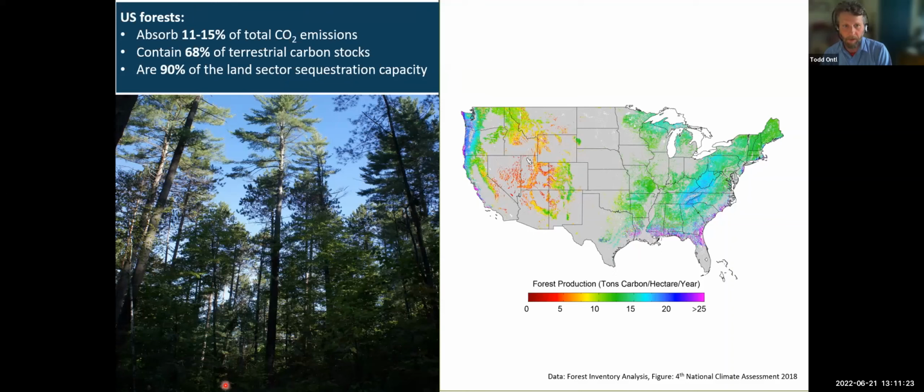It really shows up in the Pacific Northwest, in the Gulf Coast, all the way up into the eastern and northeastern US, as well as in the northern and south central portion of the US. So forests really have an amazing capacity to sequester carbon.